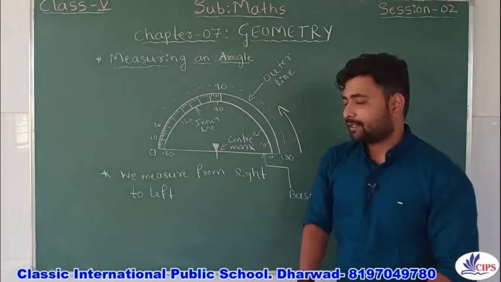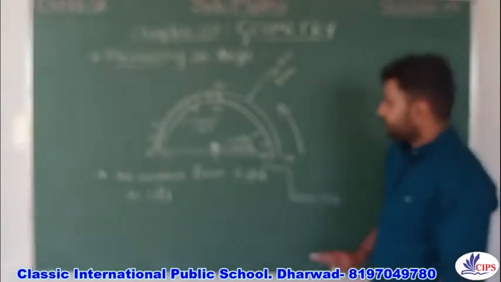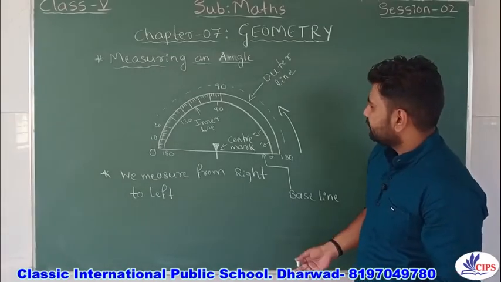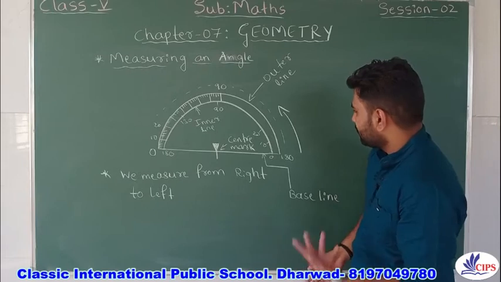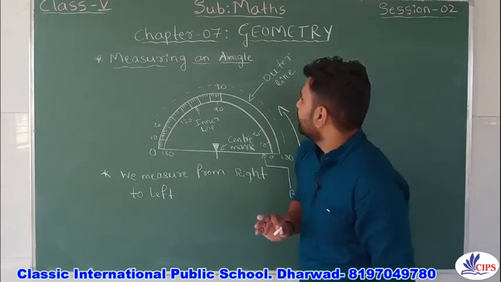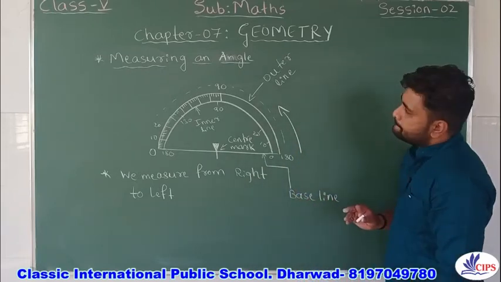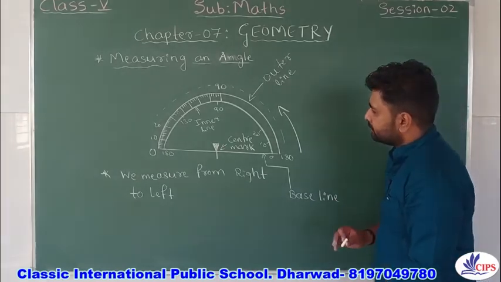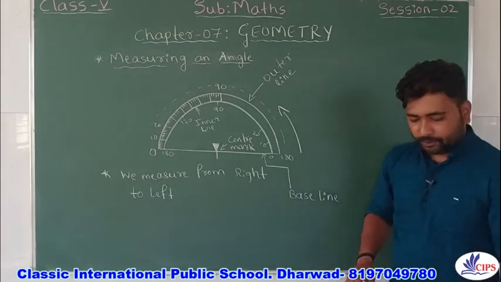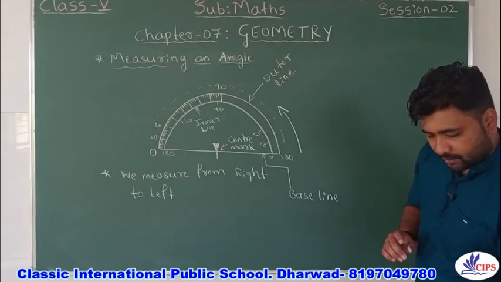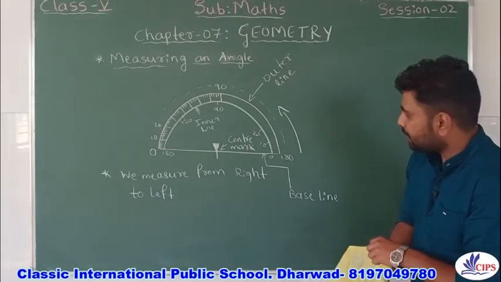Why? I will tell that in types of angles. Anything I left? I guess nothing. If I left out something, we'll discuss that in types of angles. Okay, guys, quickly pause the video and note it down, and I'm going to start types of angles.